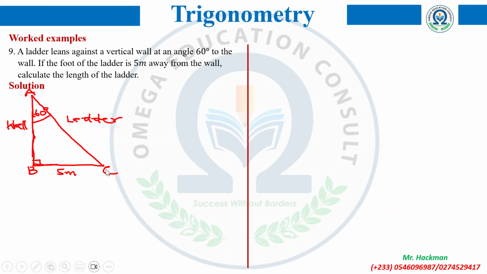Do you all agree? Yes, sir. Once you know that you are looking for the hypotenuse, the question has given you the length of the opposite, because that's where your angle is. So the opposite side is of length 5 meters. So I know the opposite and I'm looking for the hypotenuse.